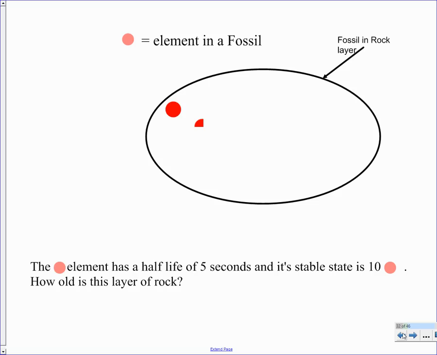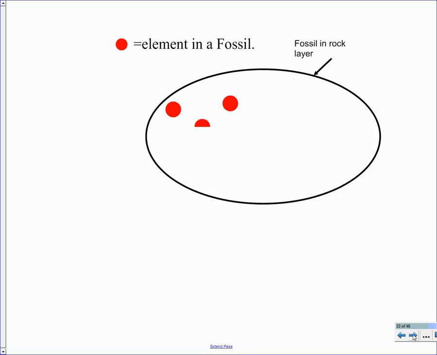Stable is 10. I need 10 of these total. So in 5 seconds, I go back. Do I have 10, which means 100% of my element? Do I have 10? No. So far, this element is how old? 5 seconds. That's my half-life.